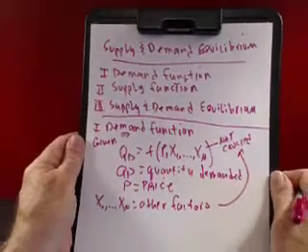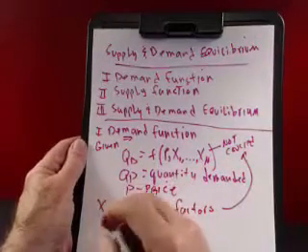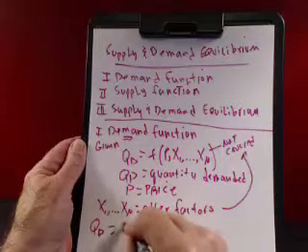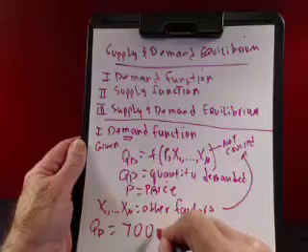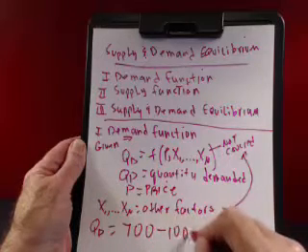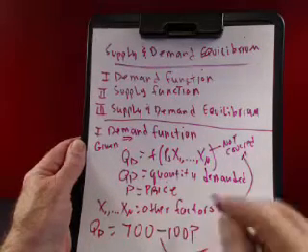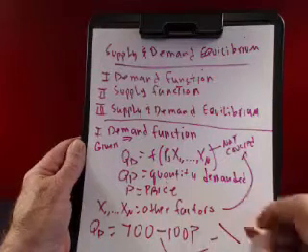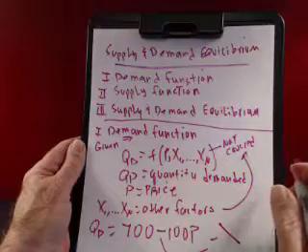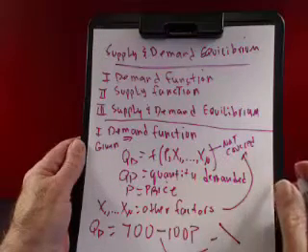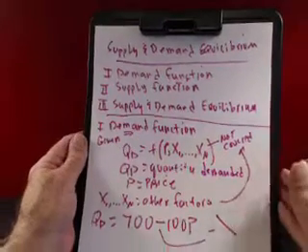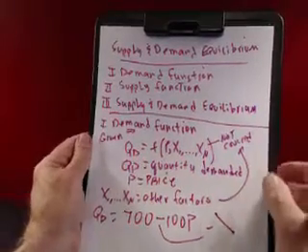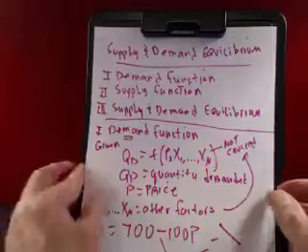So then we can go to a given demand function, and we'll use this function here: 700 minus 100P, and notice the negative, and that denotes a downward sloping demand curve. All right, so that's the demand function.